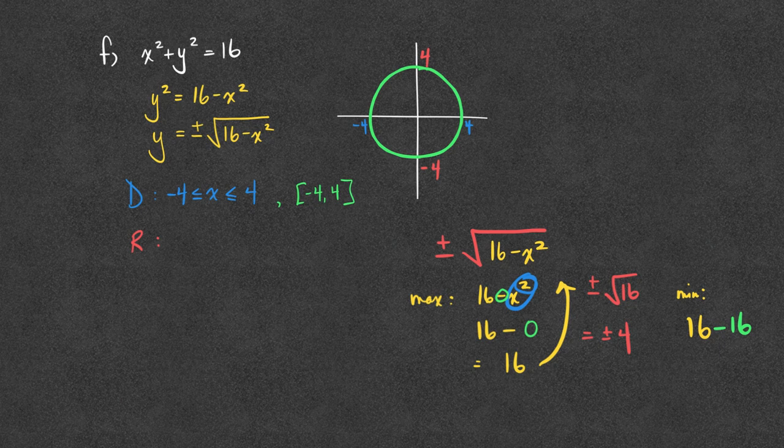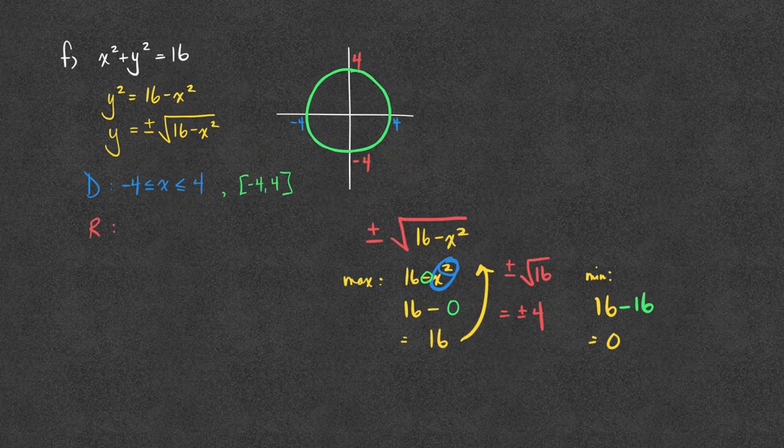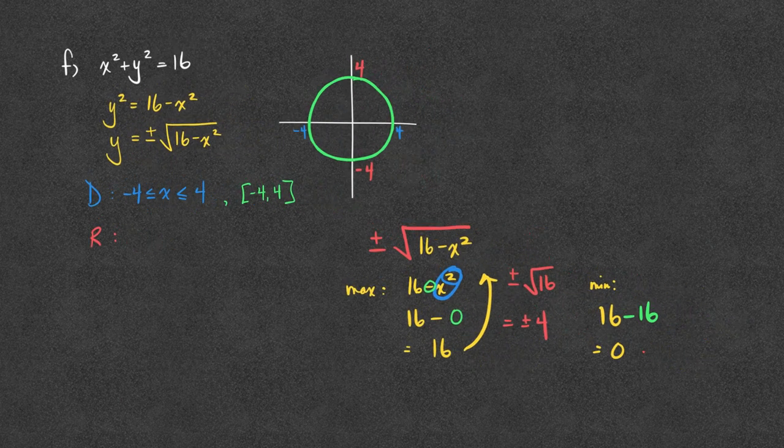If I subtract away everything, then that leaves me with nothing. My smallest possible value. And if I go back and I now calculate, then I'm going to get plus or minus the root of 0, which is 0.